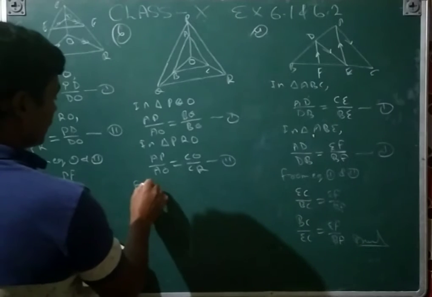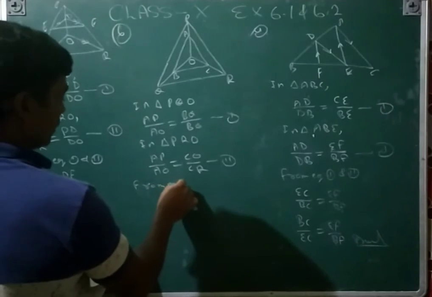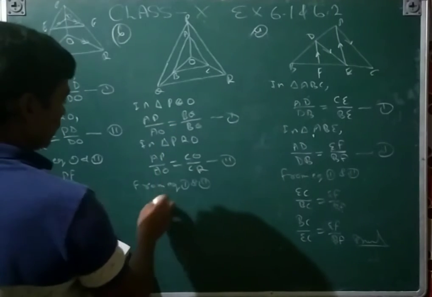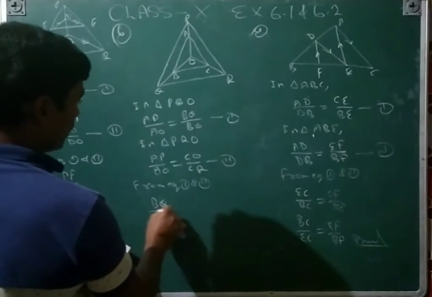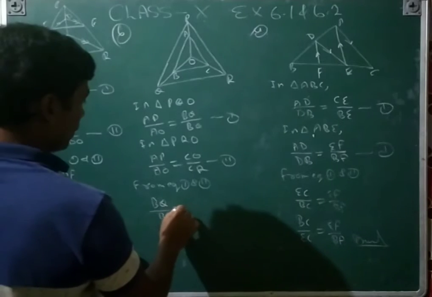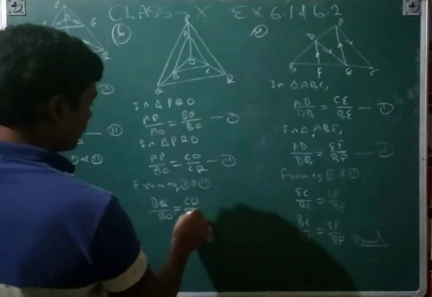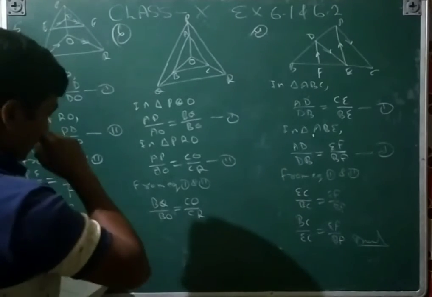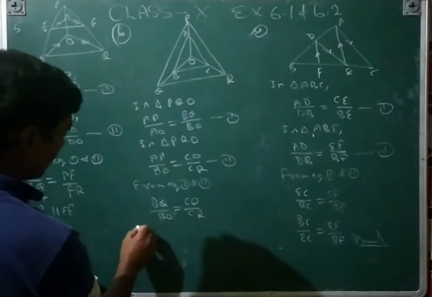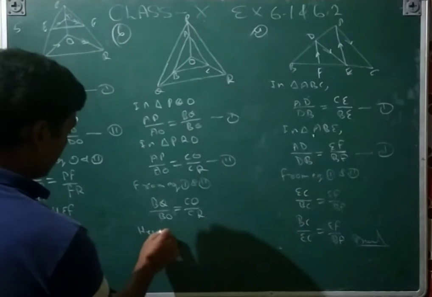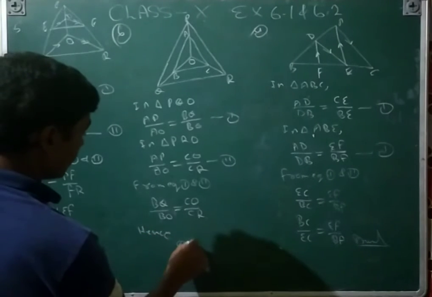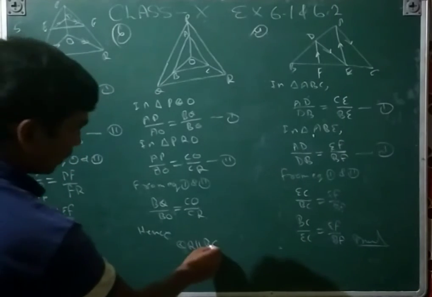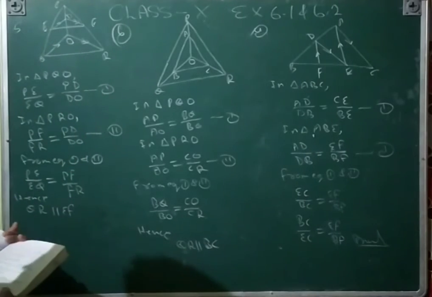So from equation first and second, this is cancelled. So left is BQ upon BO is equal to CO upon CR. So by converse BPT, hence QR parallel BC. That's proved.